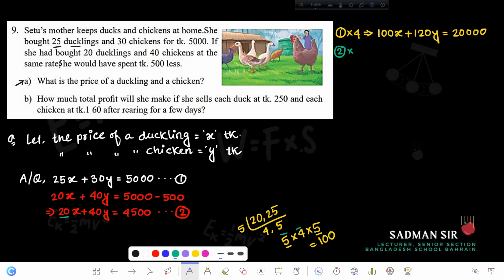With this 20, I have to multiply 5 to make it 100. So I will multiply equation number 2 by 5. 5 into 20 gives us again 100x plus 5 into 40, that is 200y, equal to 5 into 4,500. That gives us 22,500.